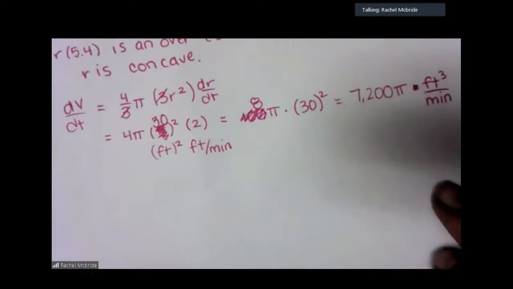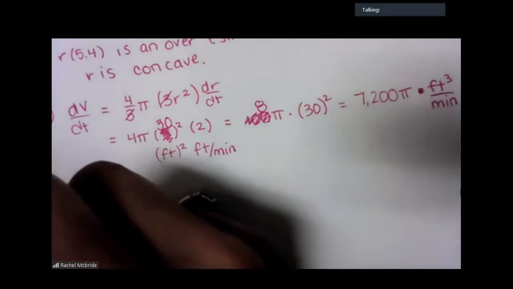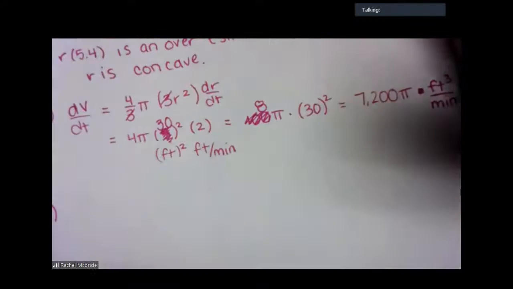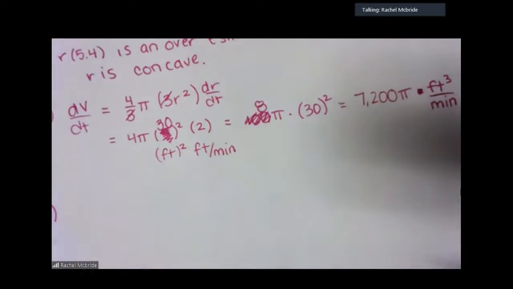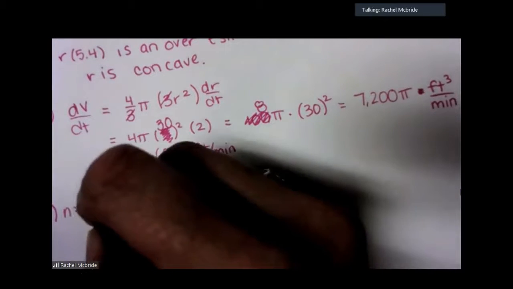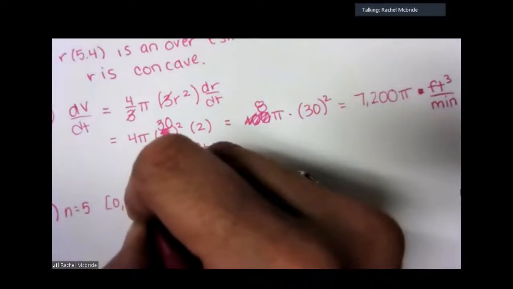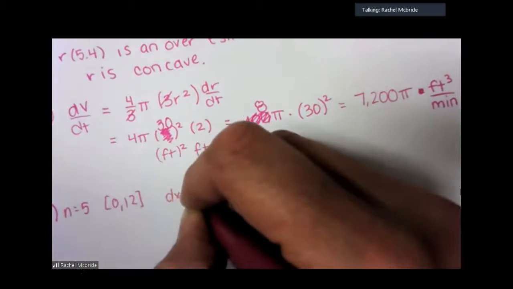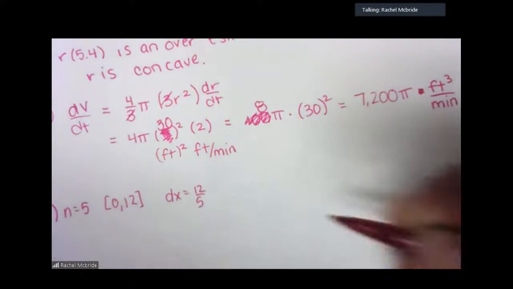Here's our Riemann sum. So 5 subintervals from 0 to 12. So dx is 12 over 5.